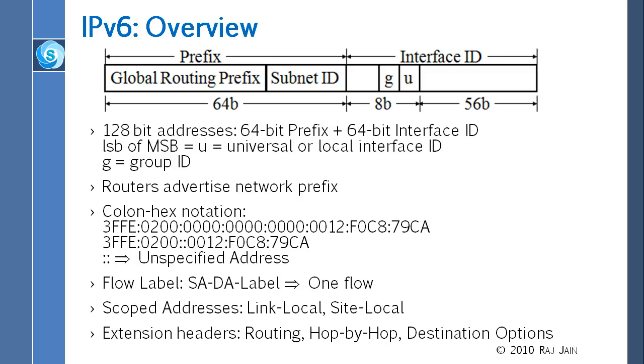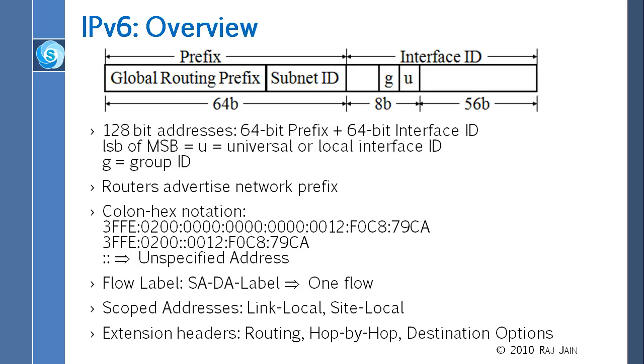Let's see. Addresses are put into a hex colon-hex notation. So if you remember in IPv4, the addresses are written with what radix, hex or octal or what in V4? Decimal, right?